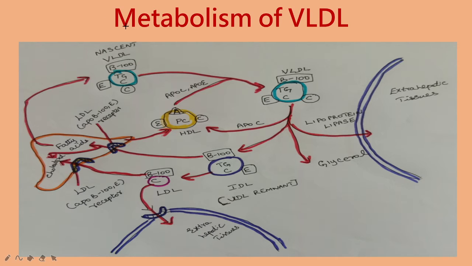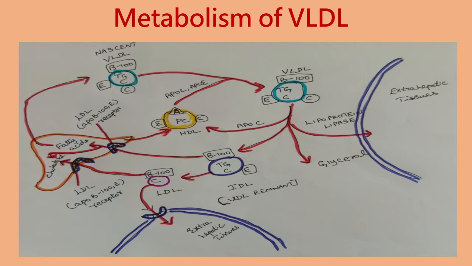So VLDL is the chief carrier of endogenous TG, triglyceride. Endogenous triglyceride means triglycerides synthesized in the liver, and VLDL helps to transport this endogenous triglyceride from the liver to the extrahepatic tissues, that is the peripheral tissue. The extrahepatic tissue includes adipose tissue and skeletal muscle.